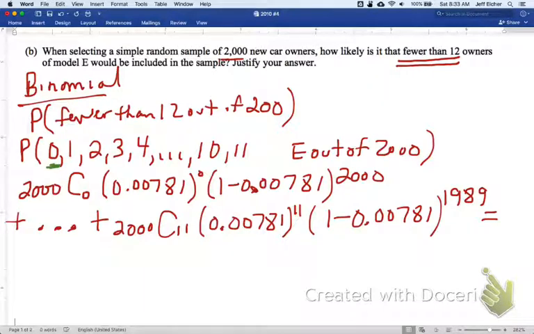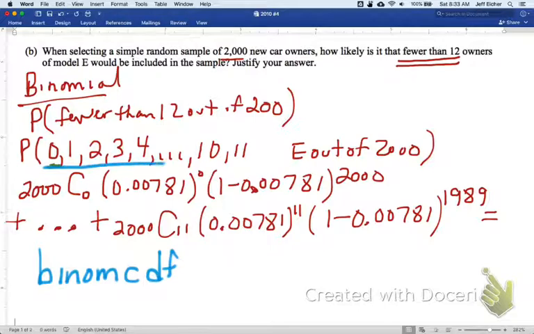Now there's a calculator shortcut that would make this much easier. We would write binomCDF, since we have a range of options, not just 0, but 0 up to 11. That's a continuous range of integers that we want to calculate. Our n would be 2,000.